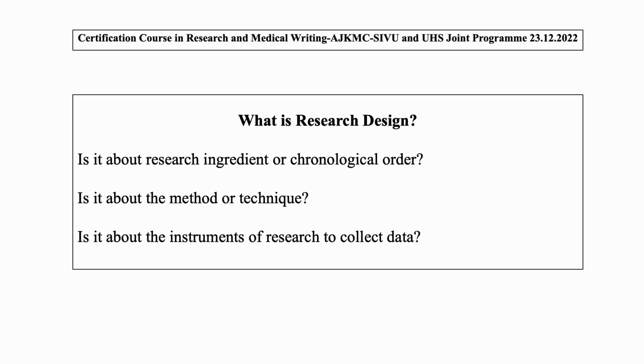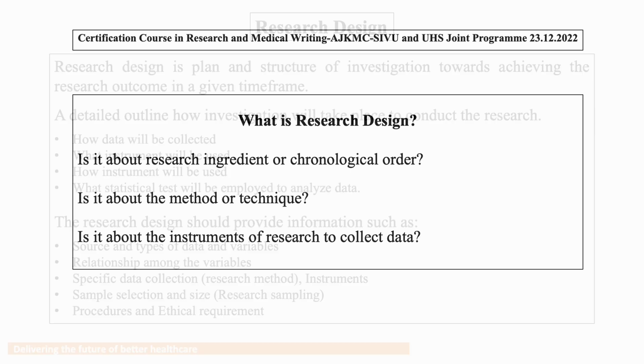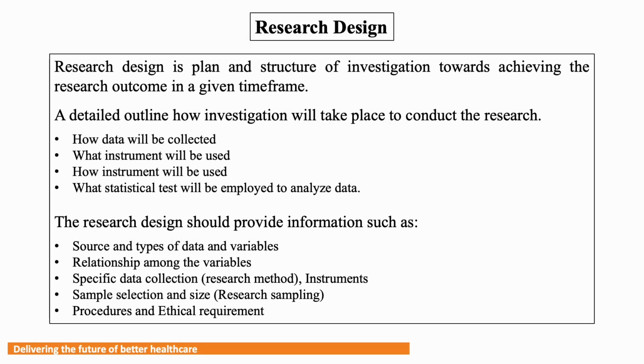Is it about the method or the technique, and is it about the instrument of the research to collect the data? Taking you through the description, research design is a plan and a structure of the investigation towards achieving the research outcome to answer a given question within a given time frame.